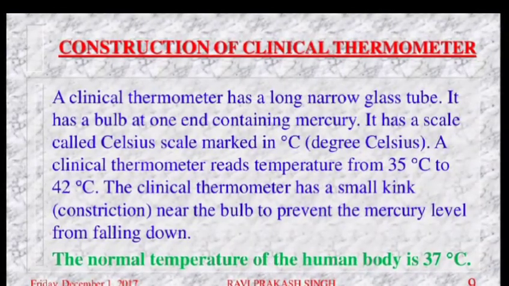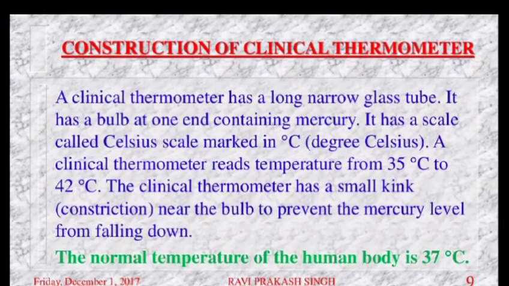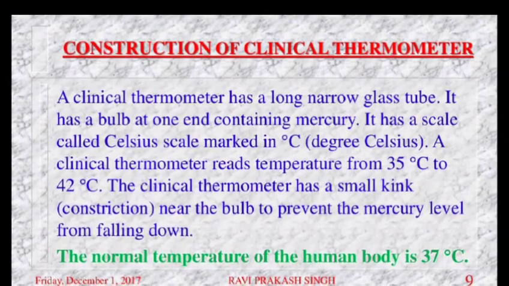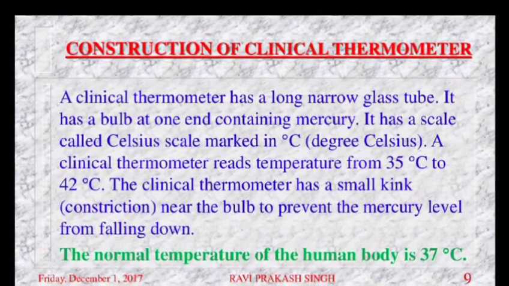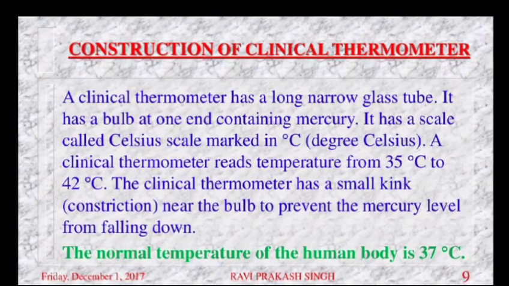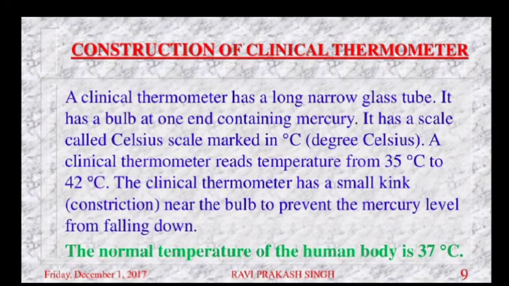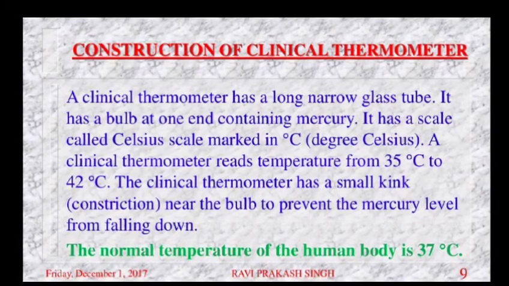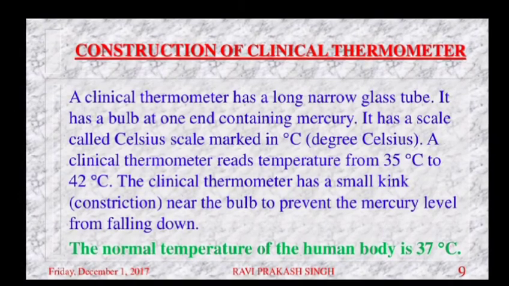Actually, the normal temperature of a healthy human body is 37 degrees Celsius and it never drops to 35 degrees Celsius or rises to 42 or 43 degrees Celsius unless certain drastic conditions are reached. And this is the reason why a clinical thermometer has a range of 35 degrees Celsius to 42 or say 43 degrees Celsius.